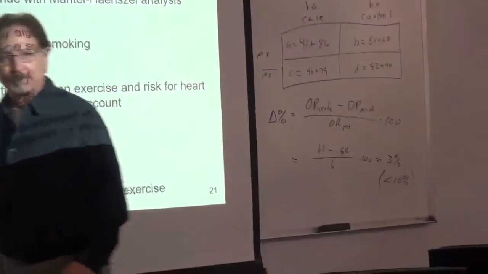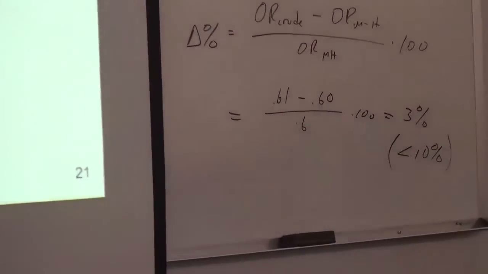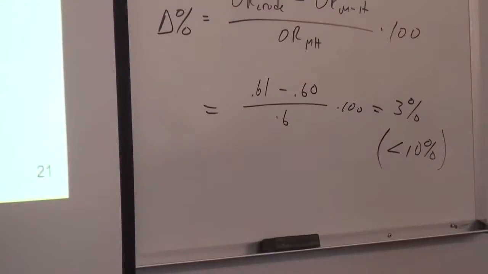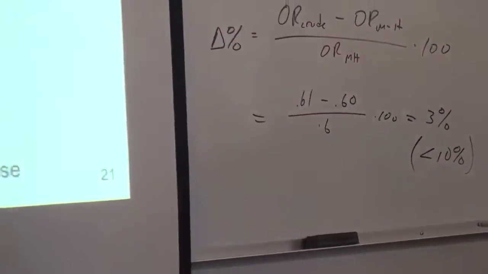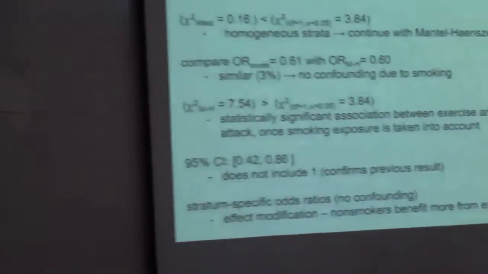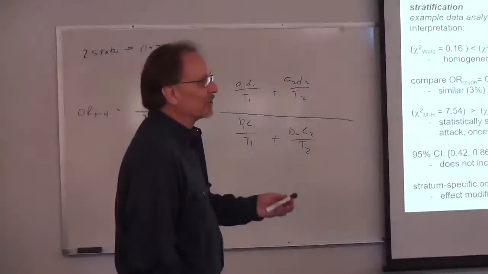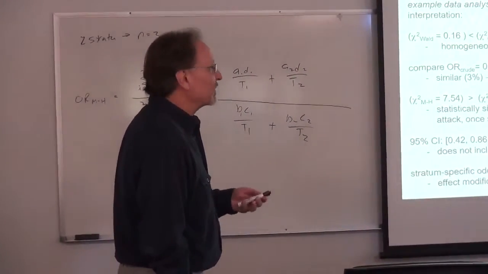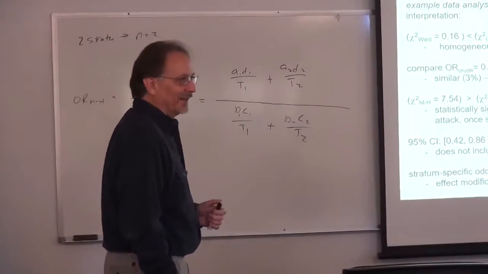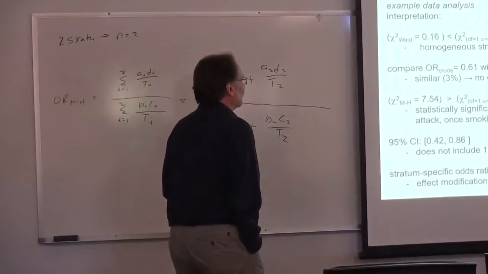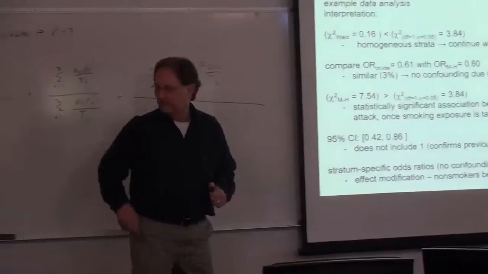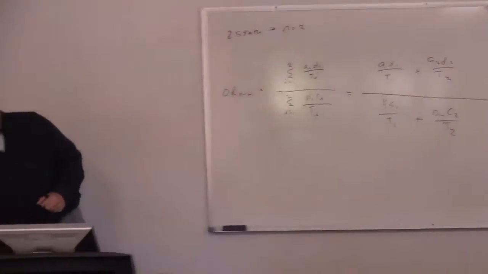Okay? Are we always going to use 10%? Yes, we'll use 10%. It's a little bit arbitrary, but it's a point that we can use. It's kind of like 0.05. Somewhat arbitrary, but we need to use some criteria, and that's the one we'll use. And for the delta percentage, is that what we're calling that?